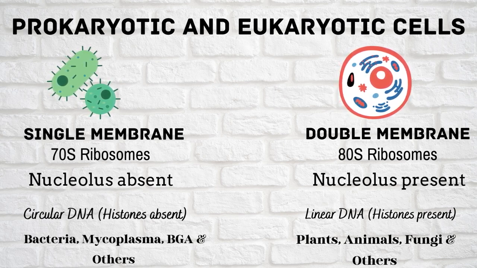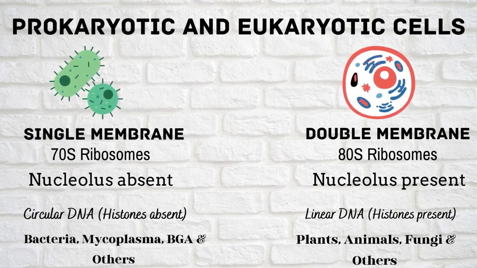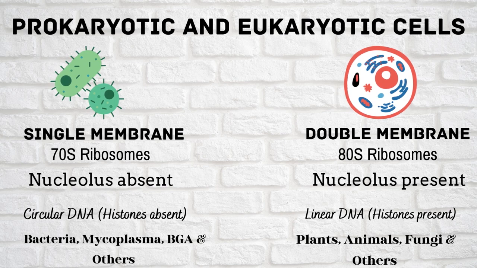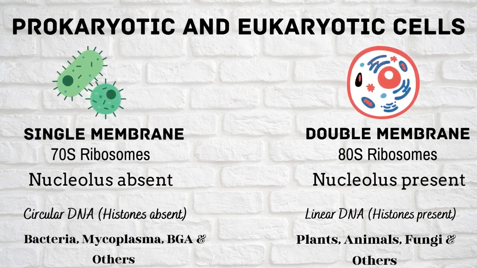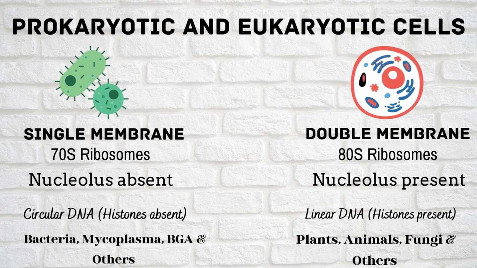The cytoplasm lacks all organelles, whether it's endoplasmic reticulum, Golgi apparatus, or the mitochondria; all are absent in prokaryotic cells. Ribosomes are 70S type, which lie free in the cytoplasm or are joined to the plasma membrane. Cells are haploid in nature and the cell cycle is very short. Nucleolus is absent. Examples include the bacteria, cyanobacteria or the blue-green algae, mycoplasma, and many others.